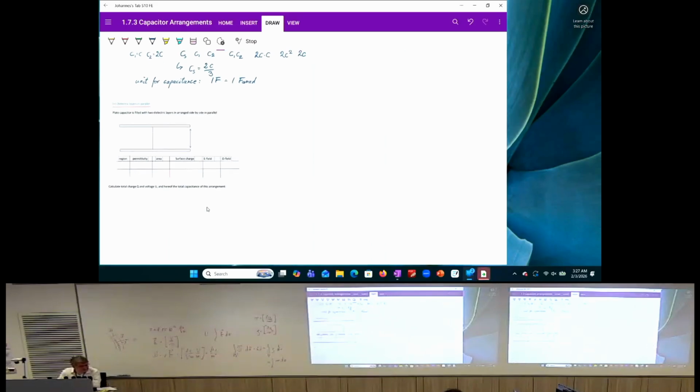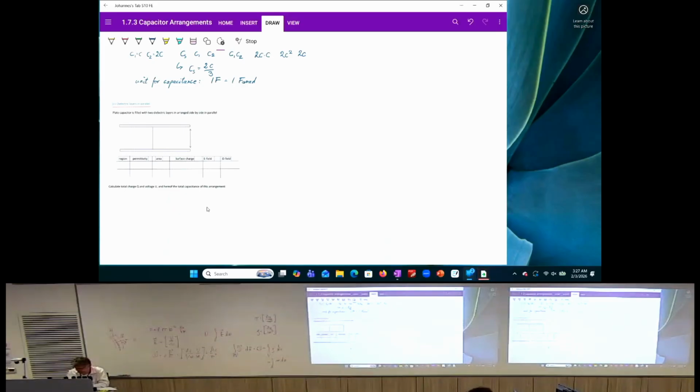So now let's look at an example of how we can connect these to the physical build of some actual capacitors. So what happens if we have dielectric layers in parallel?